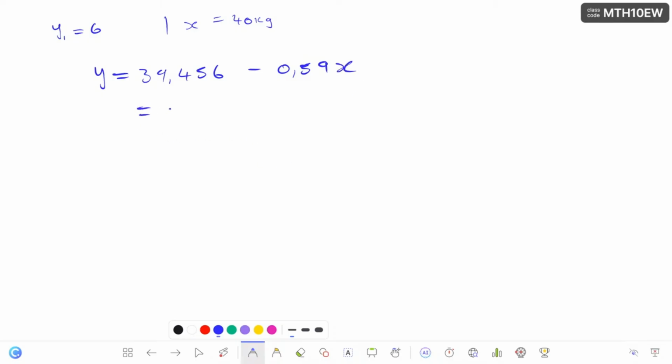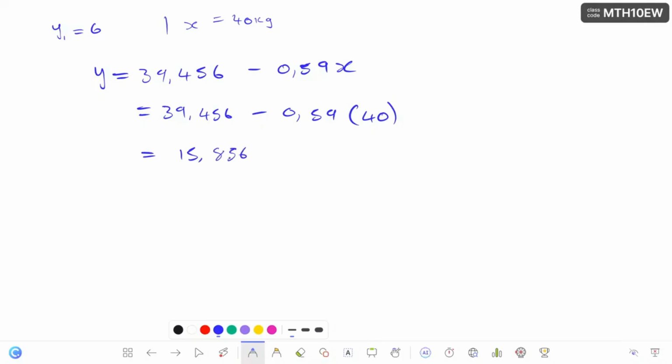So this is going to be 39.456 - 0.59 times 40. Let's punch this in our calculator. So it's 39.456 minus 0.59 times 40.